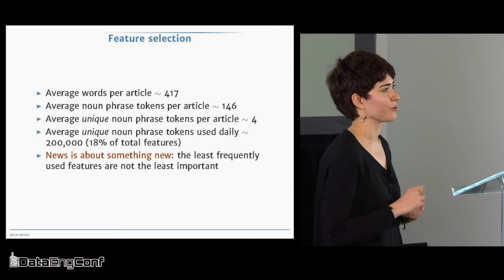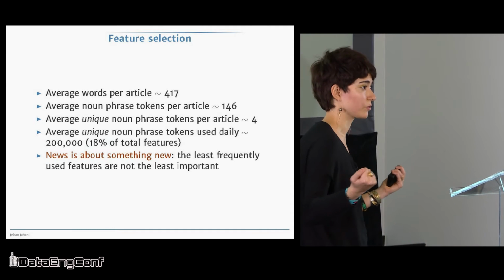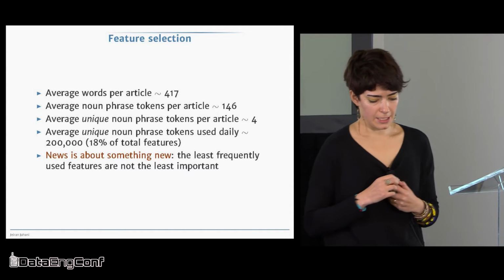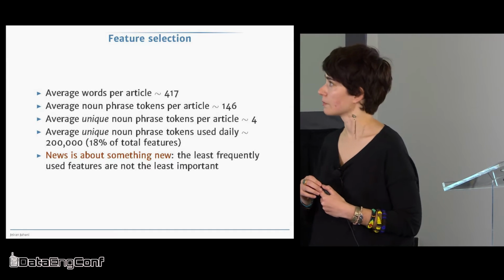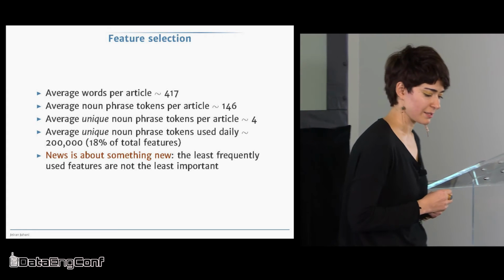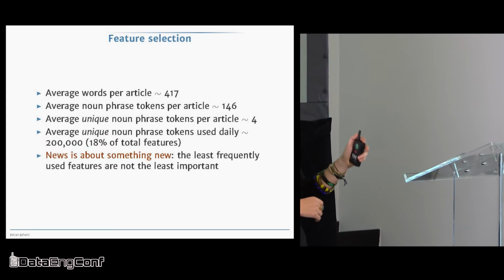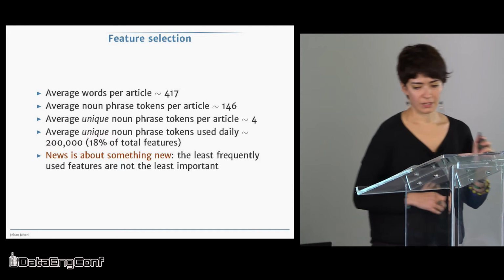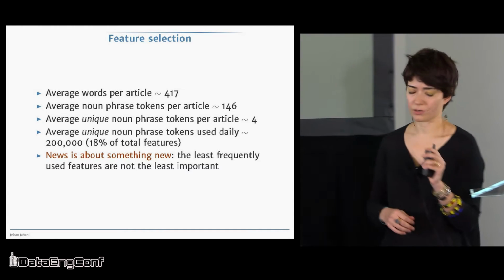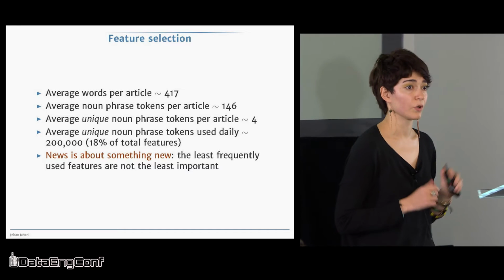Not all features contribute equally to the separation of your clusters, right? And again, news is about something new. It doesn't mean that the less frequently used features are the ones that you should discard and ignore. Actually, chances are high those are the most important features that you want to keep.